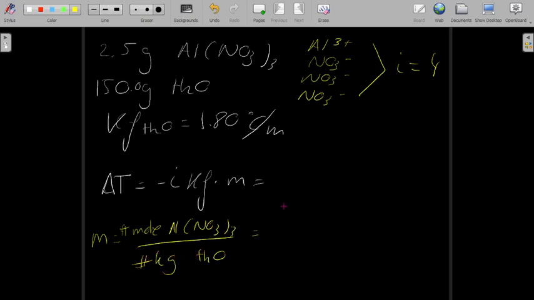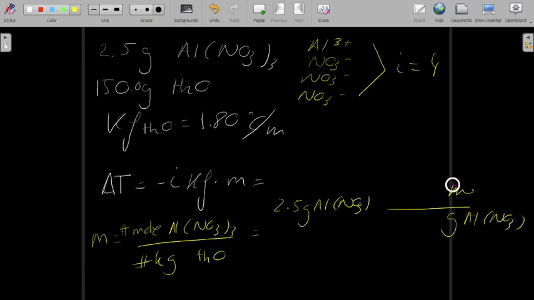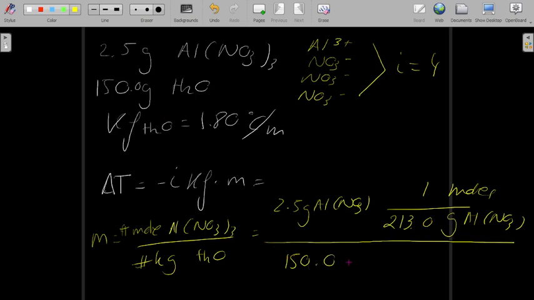Let's put all the information in already. I have grams, so I need to translate my grams into moles. I don't want grams of aluminum nitrate, I want moles. And if I start adding AMUs, I know how many grams are in 1 mole, and that is 213.0 grams. Now, do I have kilograms? No, they give me grams, so I'm going to have to translate that into the right units.